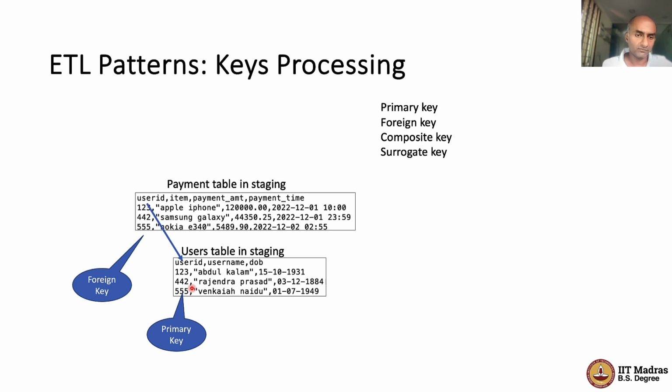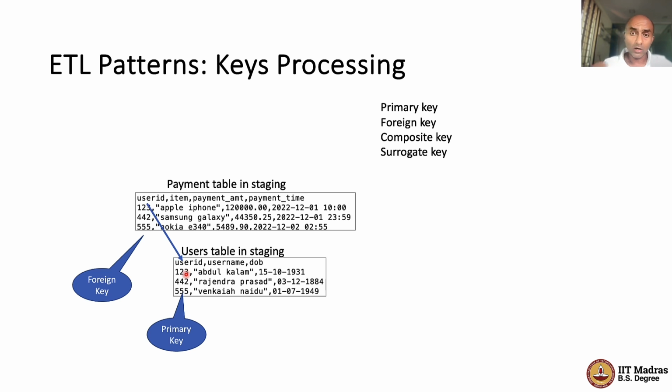But if you did not have a constraint set up there, or if the database is not set up to warn you of constraint violations, then the data modeler could have by mistake reused user IDs, which would have been the really wrong thing to do. And you would have had a really tough time when you start processing the data. So let's assume for now that user IDs are not rotated. They're not reused just because the customer has deleted their account. So that's the small discussion on primary key and foreign key.